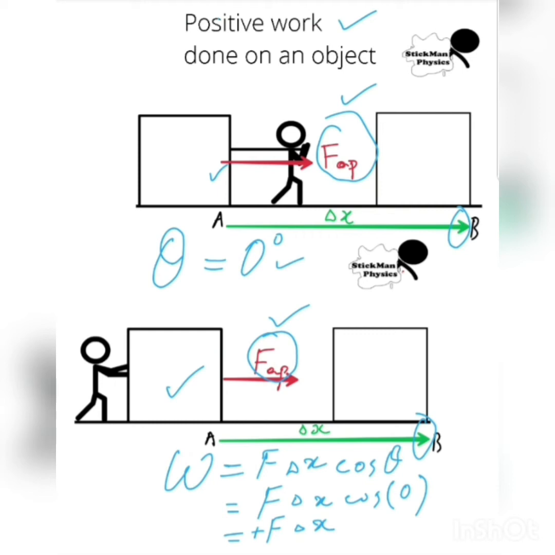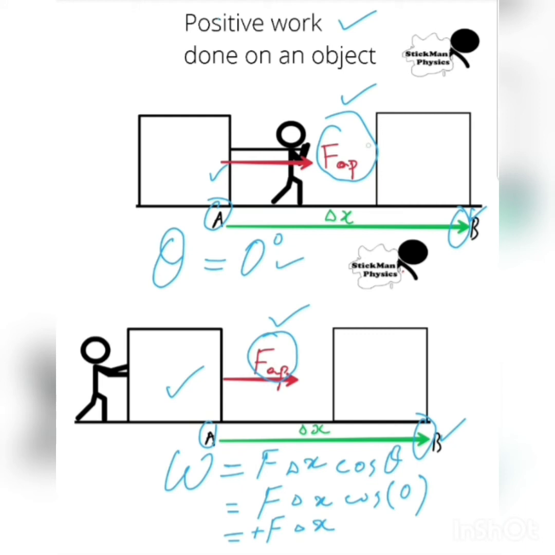And thus, when these objects move from A to B, in both of these cases, it means the energy increases. And what type of energy increases? It is the kinetic energy of these two objects or these two scenarios. So that's it on positive work.